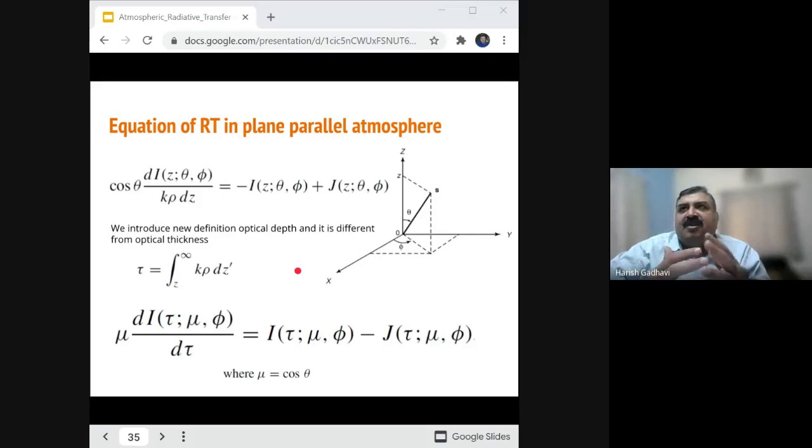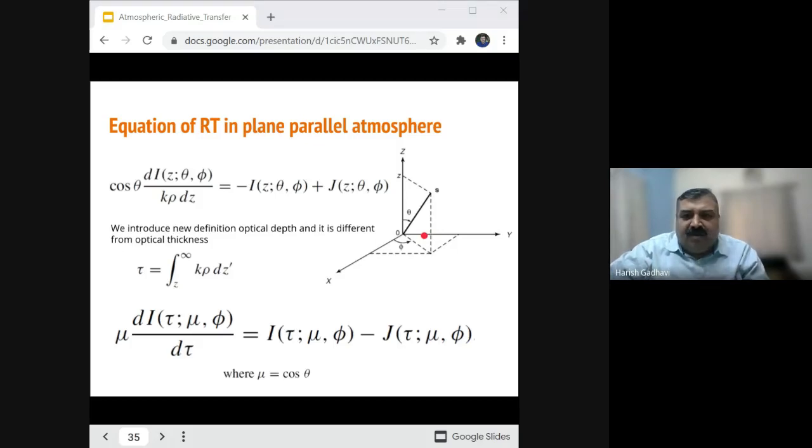So what is more suitable for atmospheric applications is that we assume the atmosphere is uniform in the horizontal directions, with variations only in the vertical direction. Particularly if you want to solve the radiative transfer calculation for one particular location or a small area, this kind of assumption is very good. It makes things much simpler for us.